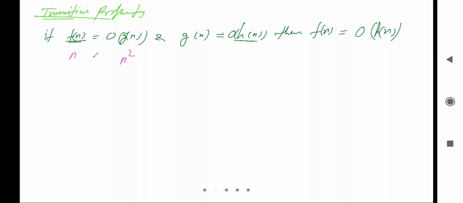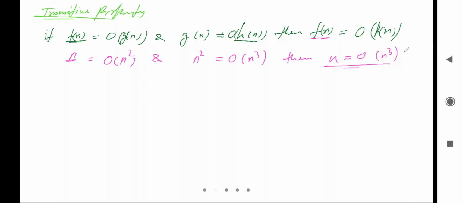Then it is holding this property, n equal to order of g of n. What about the second thing? g of n equal to order of h of n. g of n already is n square, so here n square equal to order of h of n, h of n assume it is n cube, right? Then f of n is n, so n equal to order of n cube. It is satisfying or not? Yes, it is satisfying, right?